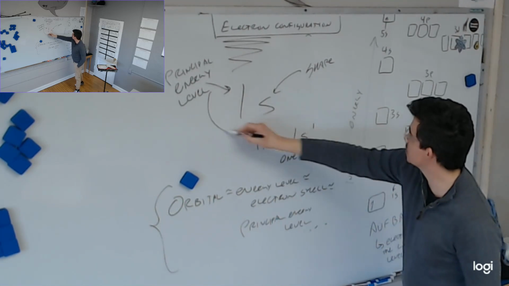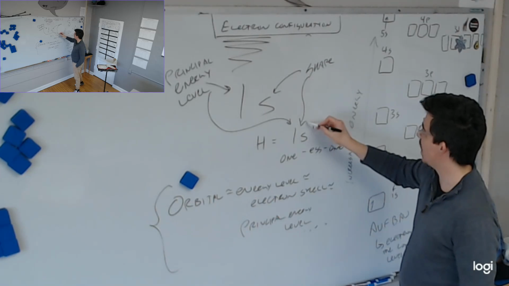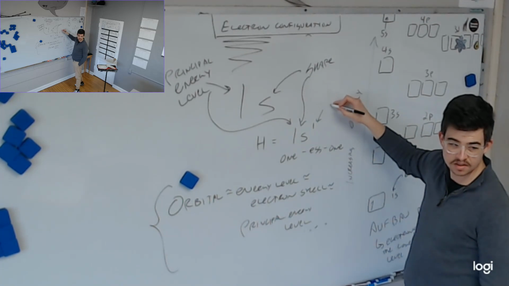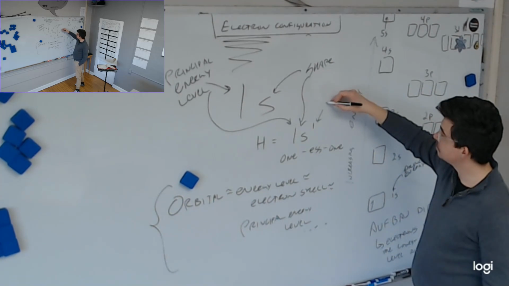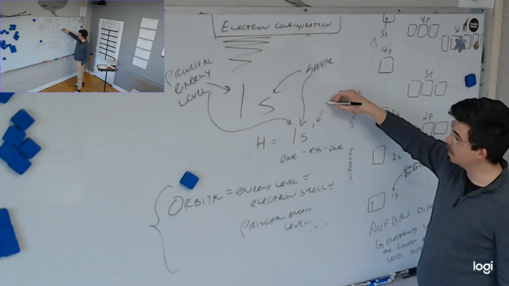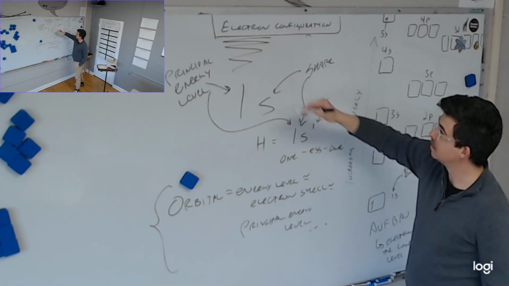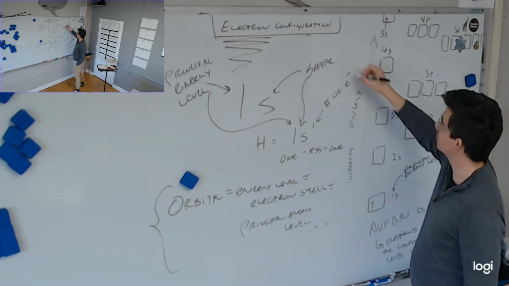So we had principal energy level is 1, the shape is S. What's a little 1 probably represent? Number of electrons. It's the electron configuration, number of electrons.